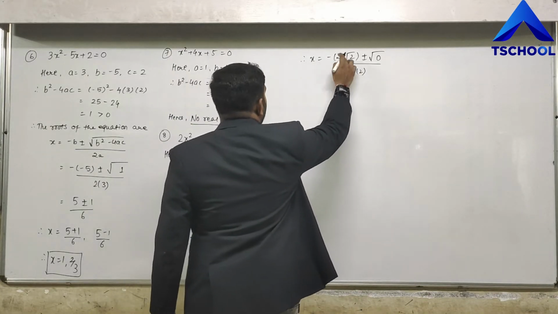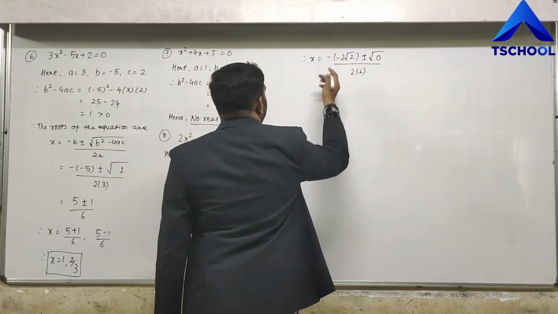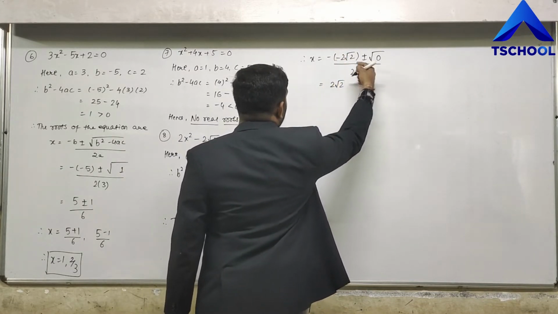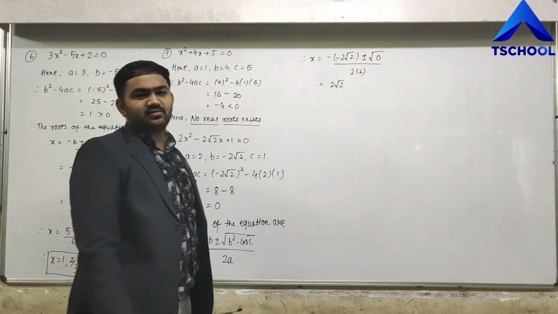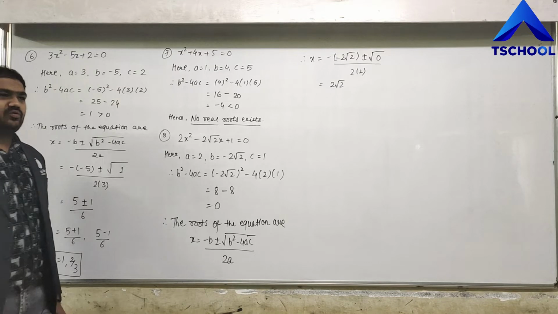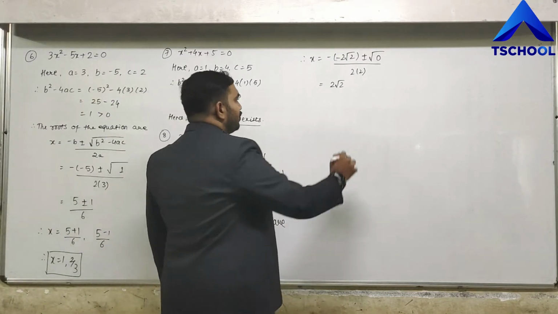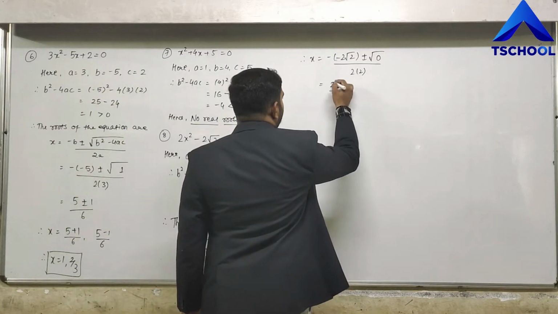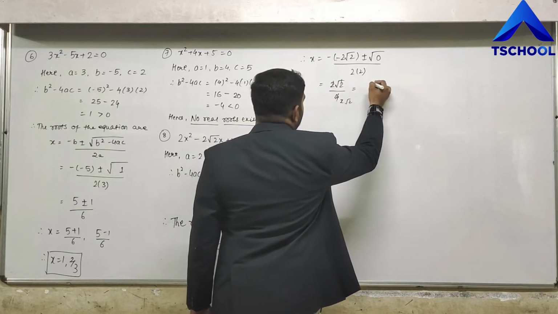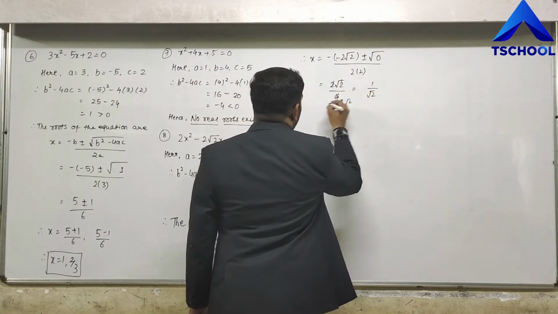Because b is minus 2 root 2, hence we shall write minus of minus 2 root 2, that is equals to 2 root 2. There is no need of writing plus or minus root 0, because root 0 is 0 and 2 root 2 plus or minus 0 is again 2 root 2, divided by 4. So you can cancel out the 2 here, root 2's can be cancelled out, and that is 1 by root 2.